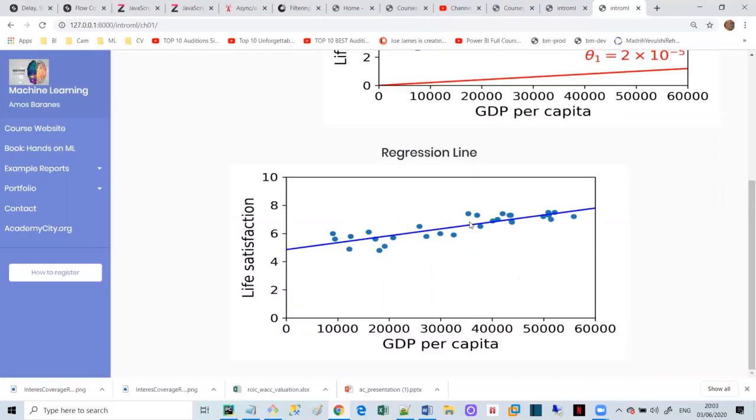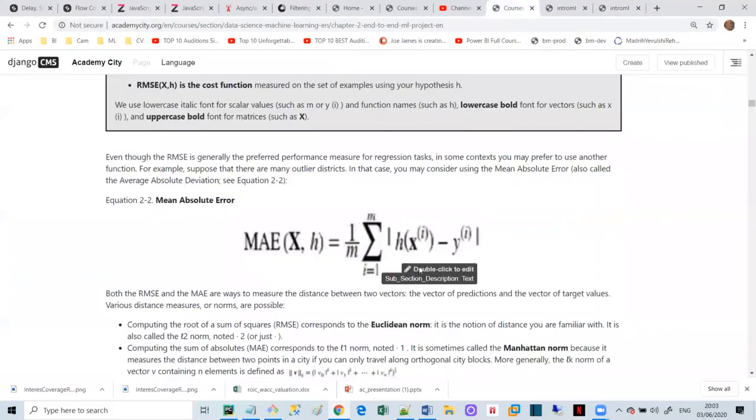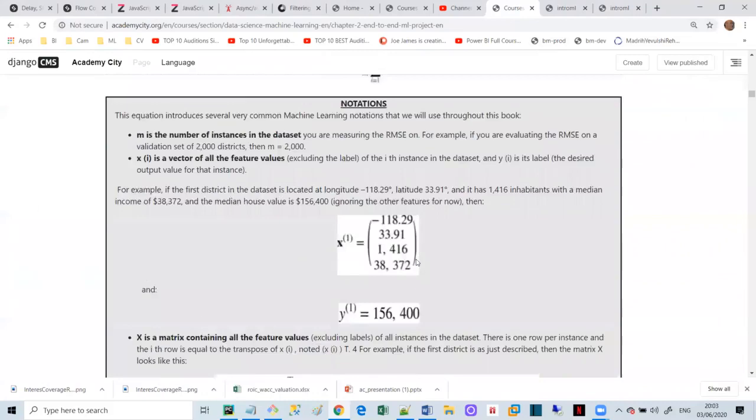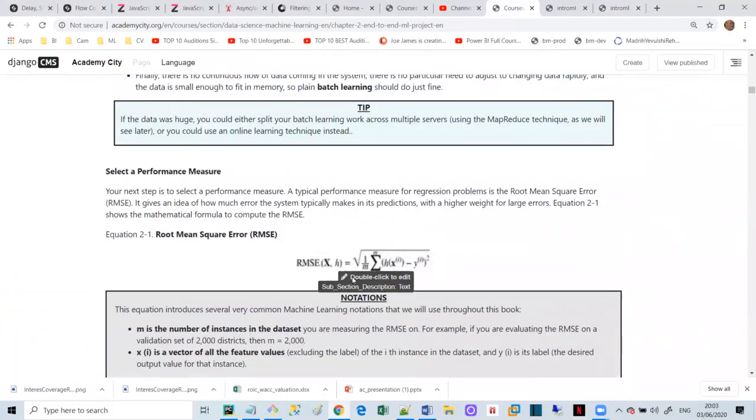So some people say, no, I don't want to put emphasis on points that are far away from the line, so I will use the absolute. Every point then has the same weight in the algorithm. Many people use that one. The most common one, believe it or not, is the first one, for a good reason, and we will come back to that when we talk about outliers.